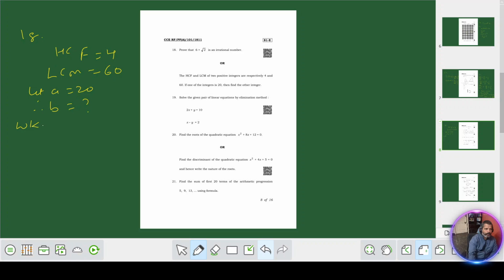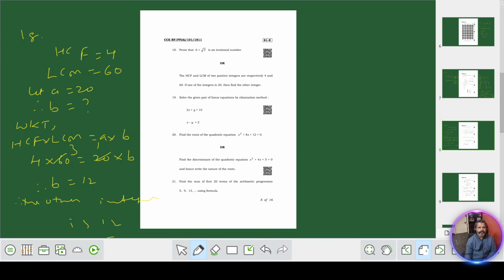We know that HCF into LCM is equal to A into B. That is 4 into 60 is equal to 20 into B. Therefore, B is equal to 12. Just conclude the answer: therefore, the other integer is 12. Okay.